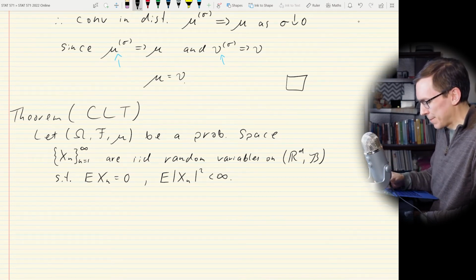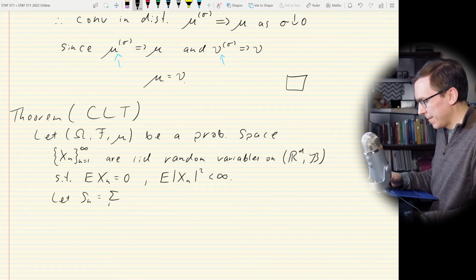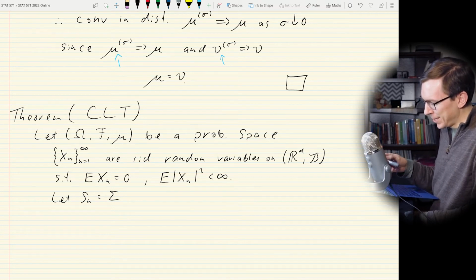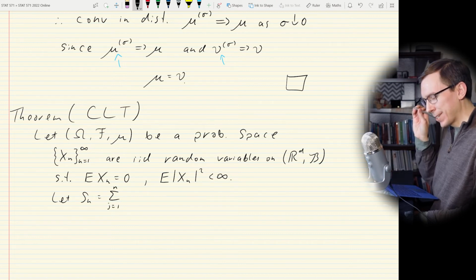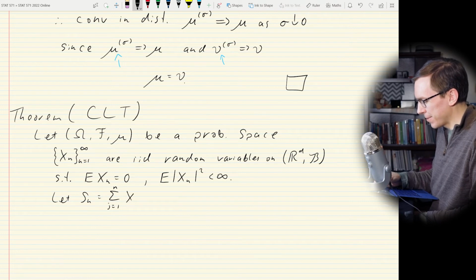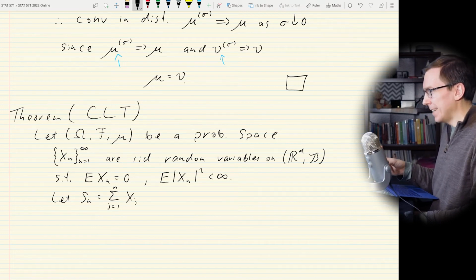Anyway, as before, let S_n be the sum over j. I don't want to use i because I'm going to try really hard not to use i, because we need to reserve i for the square root of -1. Anyway, S_n is the sum of the first n X_j's.